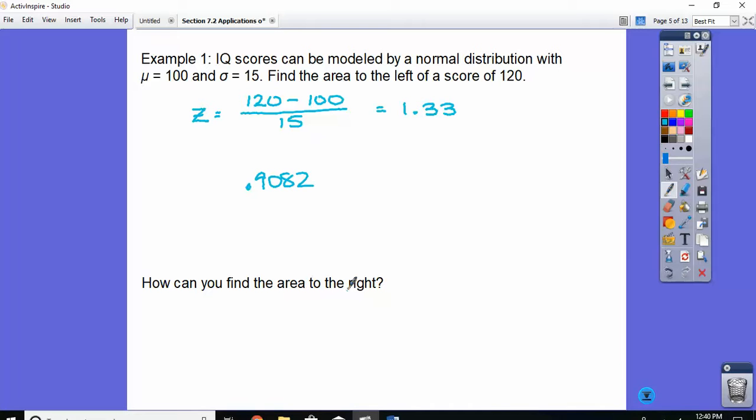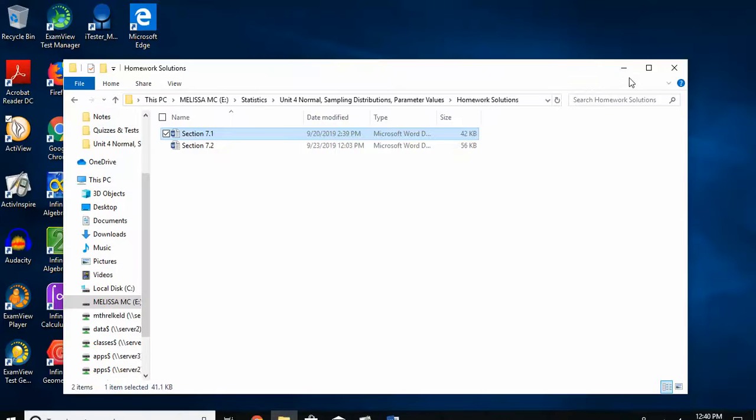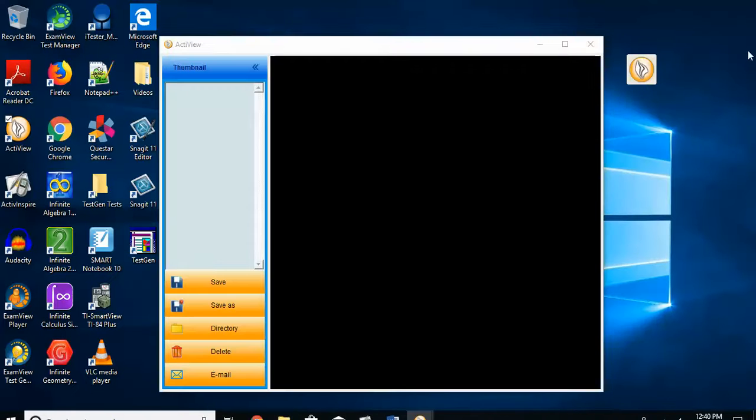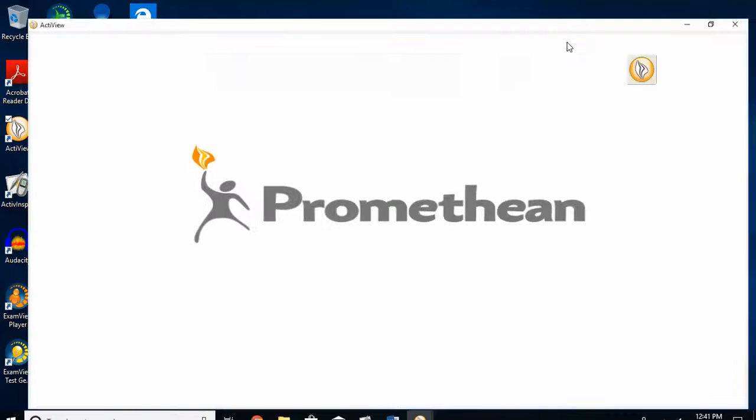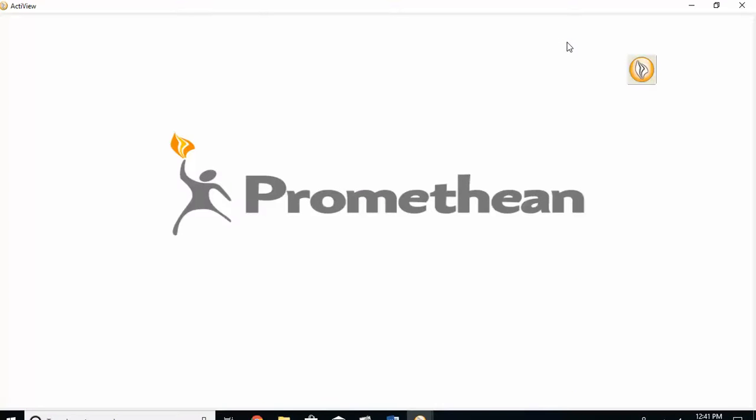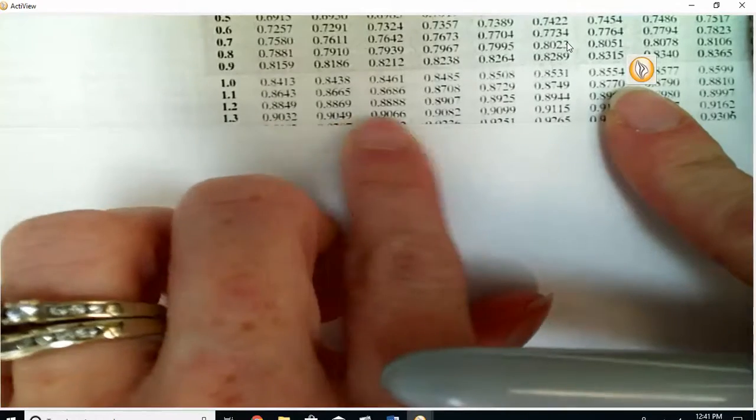Let's talk about this real quick and make sure we know how to read the table. Oh, I was in the negatives. Yeah, you have to watch your positives and negatives. So I'm going to 1.3, and across the top you have the 0, 1, 2, 3.